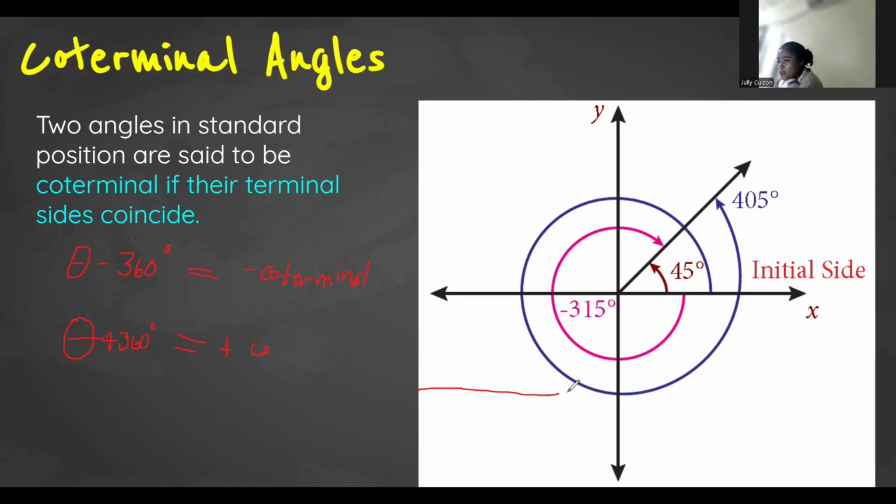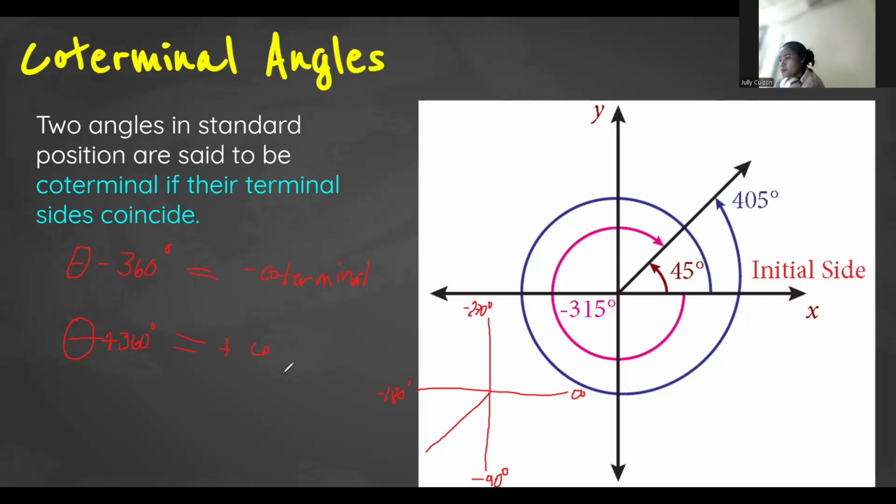For example, you are given, let's say, a negative angle. As we all know, this is 0, this is negative 90 degrees. By the way, this is in degrees. Negative 180 degrees, this is negative 270 degrees.